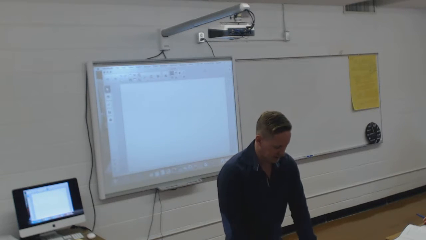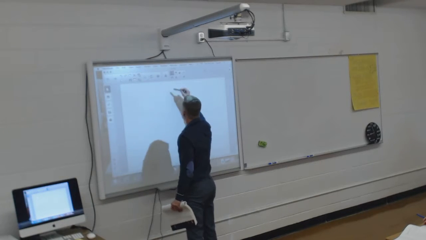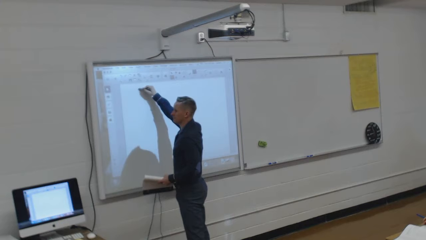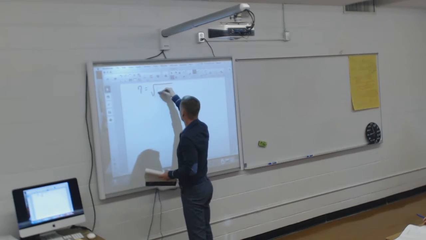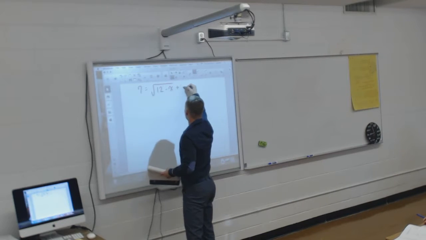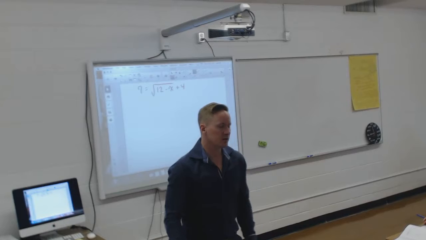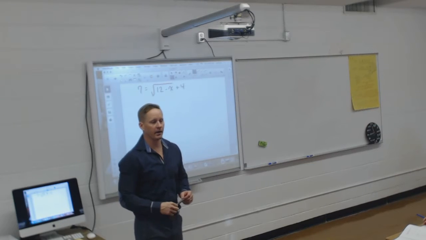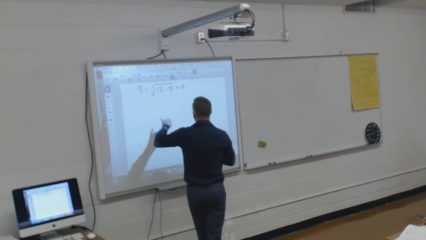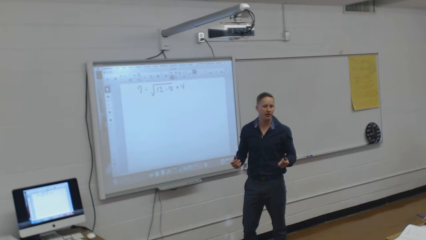Okay, let's just look at an example here. So the first thing that they suggest you do is talk about what the restrictions are. The restrictions are only based on the square root. We can't take the square root of a negative number, correct?